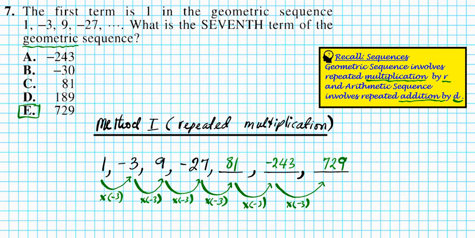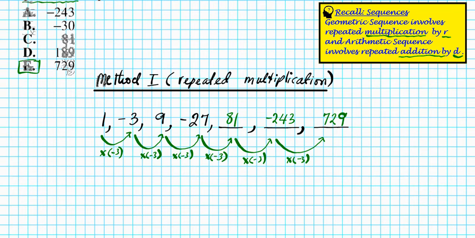Okay, this is a method of repeated multiplication. Now let me show you another method that you might have studied for solving this problem. Method 2 is using the nth term formula. The nth term of a geometric sequence.